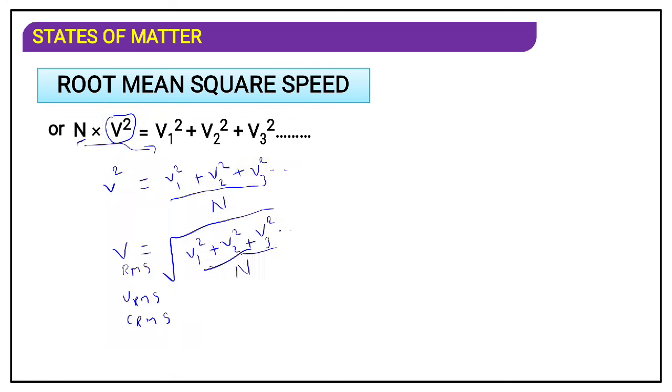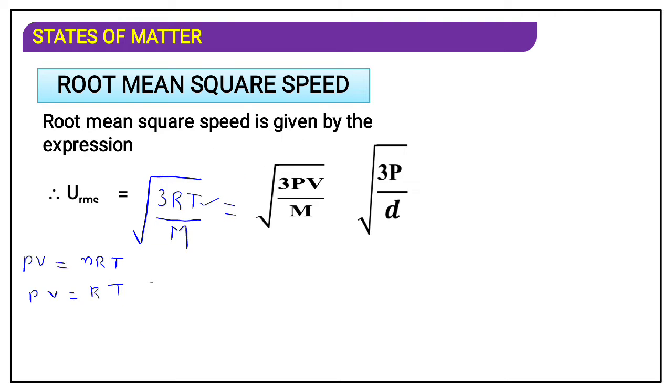In that, V by M is equal to what? Mass by volume is equal to density. Then V by M is equal to 1 by density.